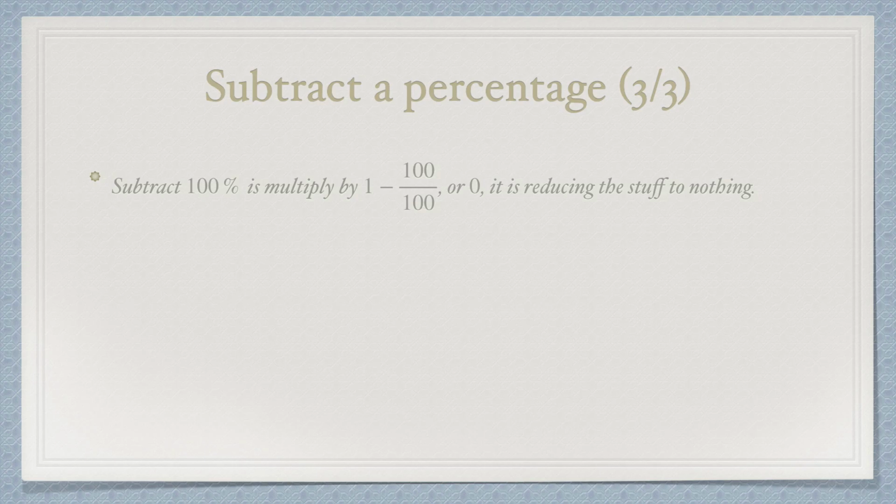And subtract 100% is multiplied by 1 minus 100 over 100 or 0, and it is reducing the stuff to nothing.